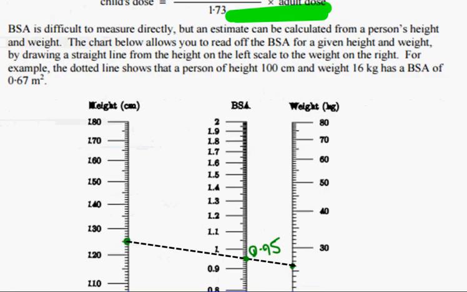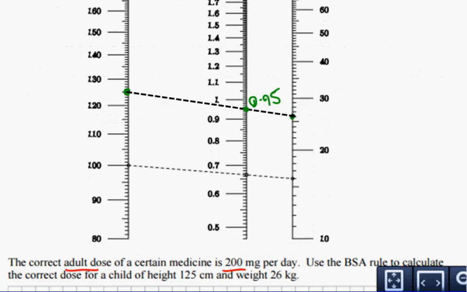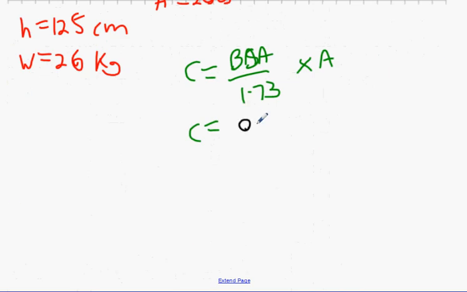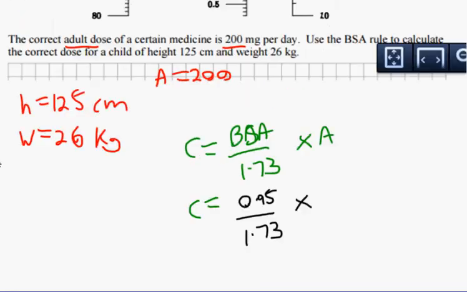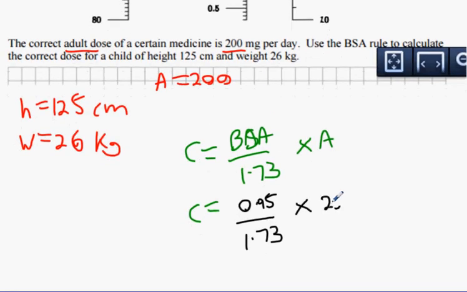Now, BSA, guys. The BSA for this particular kid is 0.95, divided by 1.73 multiplied by the adult dose. What's the adult dose? 200. Put all that into the calculator and the child's dosage turns out to be 110 milligrams. Everybody alright with that?